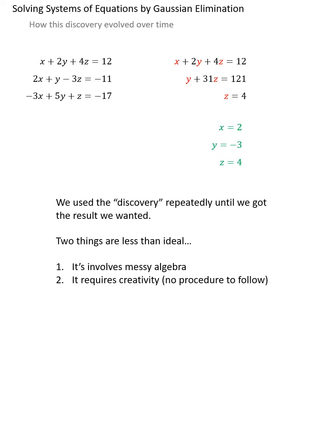You have a goal of eliminating variables, but there's no clear guidance on first do this and then do this. So in this video, I'm going to attempt to give you a way to deal around both of these problems. I'm going to start this video by showing you historically how mathematicians have cut down on the messy algebra.